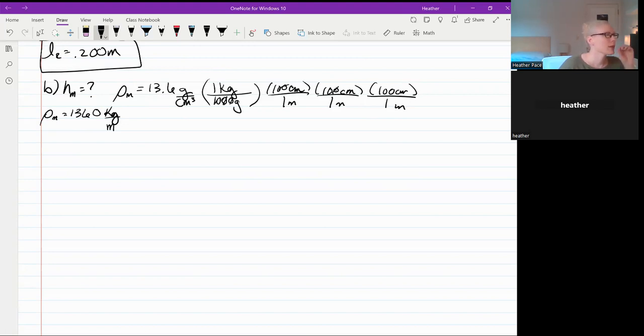Okay, so for this, we're going to use Bernoulli's principle, which we were introduced to in this chapter. Bernoulli's is fun with fluids.